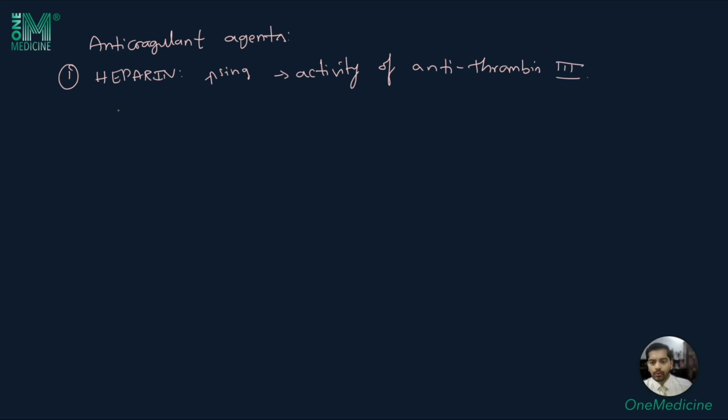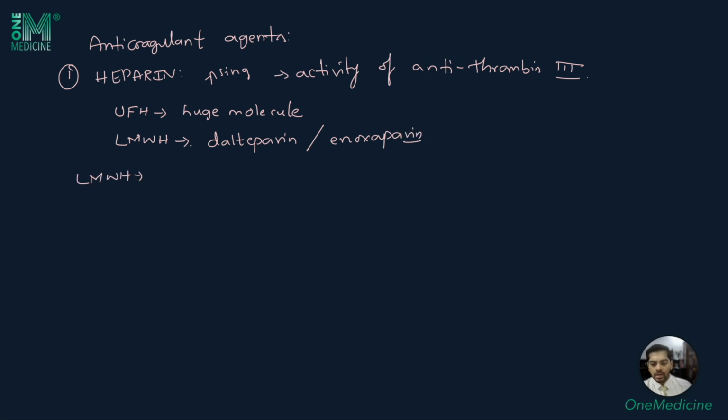It is available in two forms: the unfractionated heparin, which is a huge molecule, and low molecular weight heparin, dalteparin or enoxaparin. Wherever low molecular weight heparin is available, it is preferred over unfractionated heparin. Low molecular weight heparin comes with an advantage of easier administration by subcutaneous route and no requirement of measurement of activated partial thromboplastin time to guide therapy.